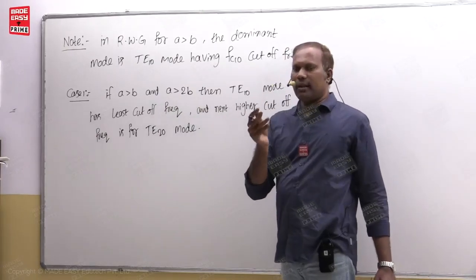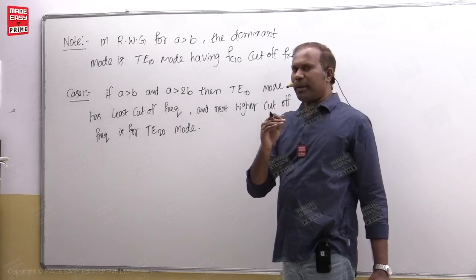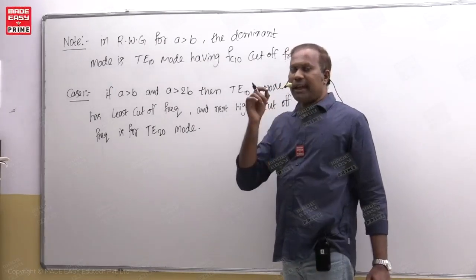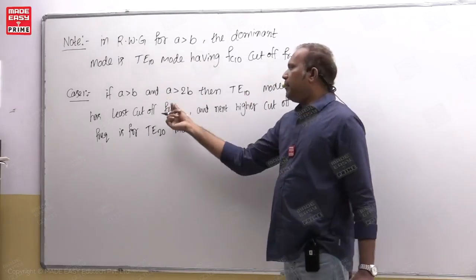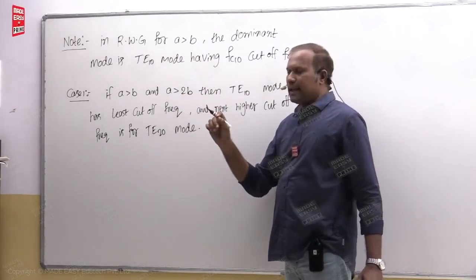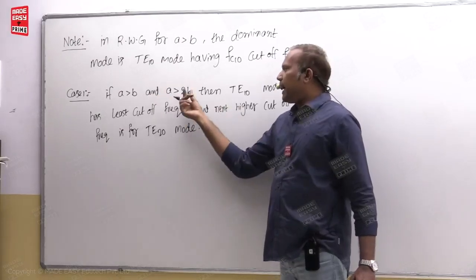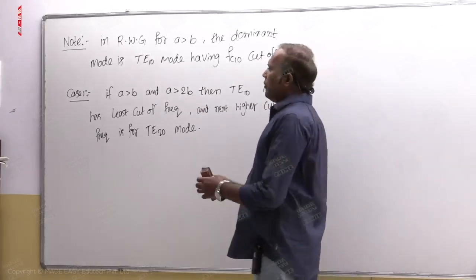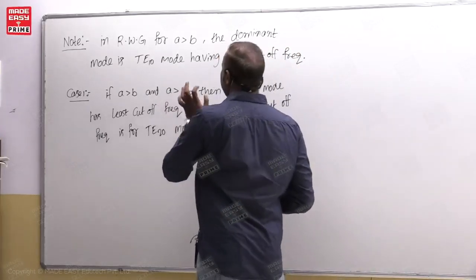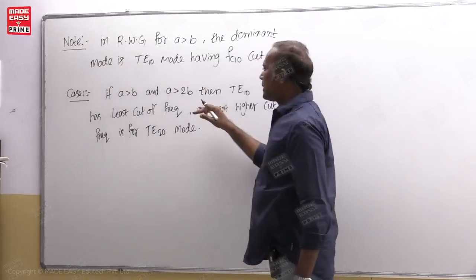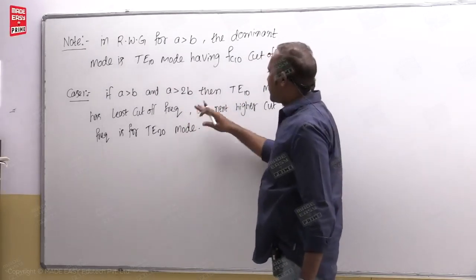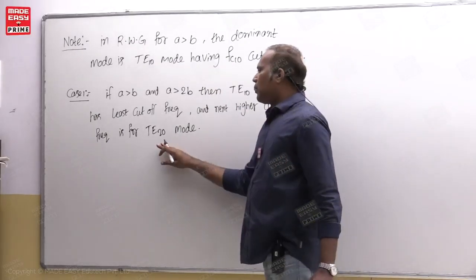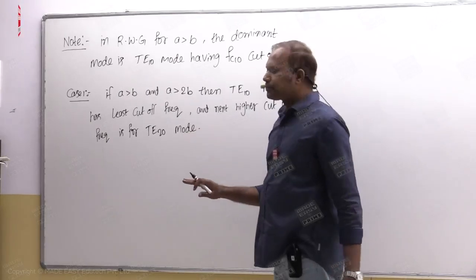There two cases are there. You have to remember the modes in increasing order of their cutoff frequencies. If A greater than B and A greater than 2B, one case. Another case is if A greater than B and A less than 2B, that is another case. We will discuss there. So, if A greater than B and A greater than 2B, then TE10 mode has least cutoff frequency. Then next higher cutoff frequency is for TE20 mode.